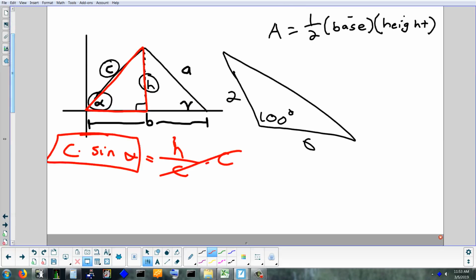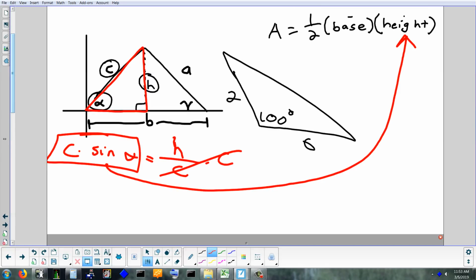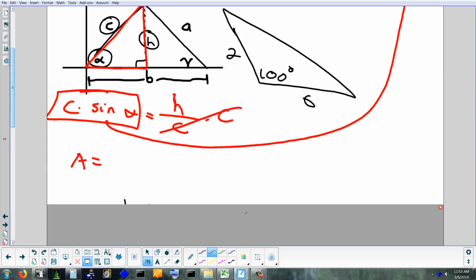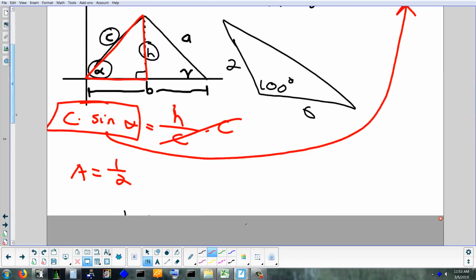So what I'm going to do is take the formula that I just came up with for the height, fill it in right there, and that's going to be my new formula for the area of a triangle. So it just uses trigonometry to calculate the height when you're not given it. So the area equals 1/2. You still have the base.